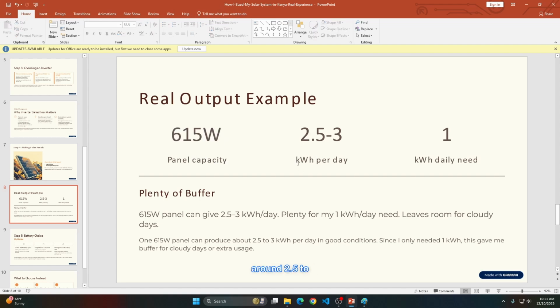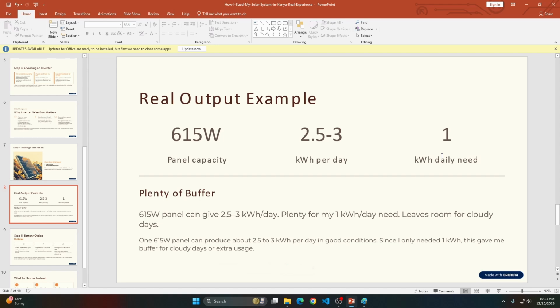This will give you around 2.5 to 3 kilowatts per day, and your consumption is 1 kilowatt daily. So this gives you plenty and leaves room for cloudy days. So that's an advantage. Make sure you have plenty of buffer. In good conditions, it will provide 2.5 to 3 kilowatts.